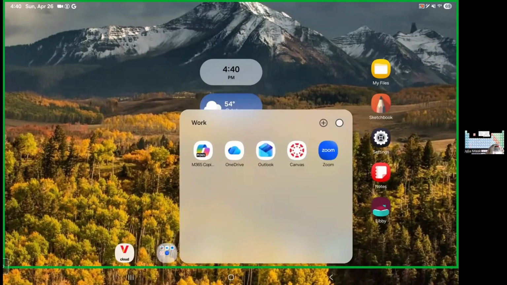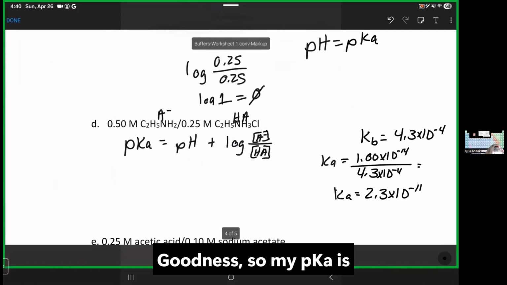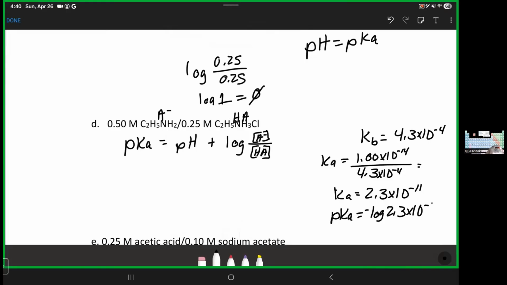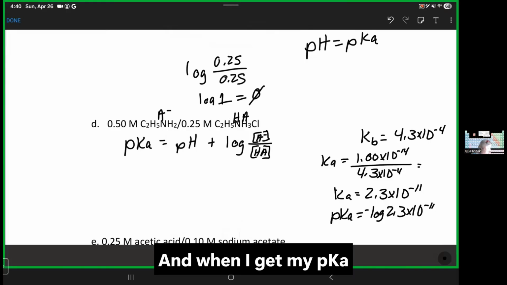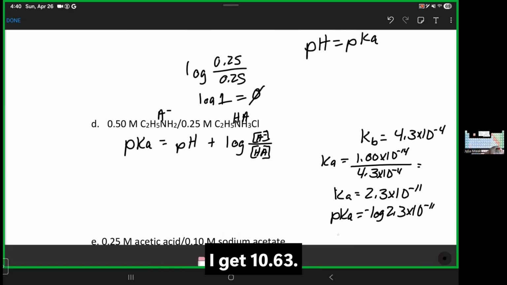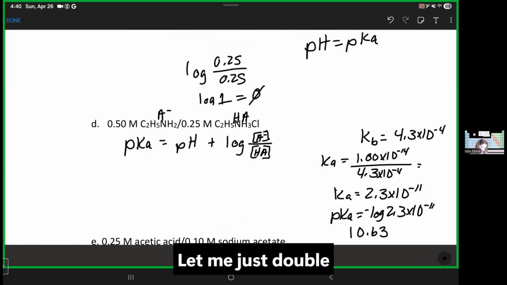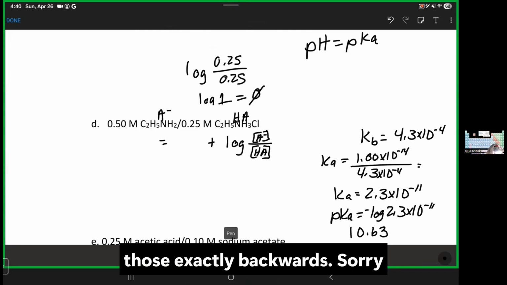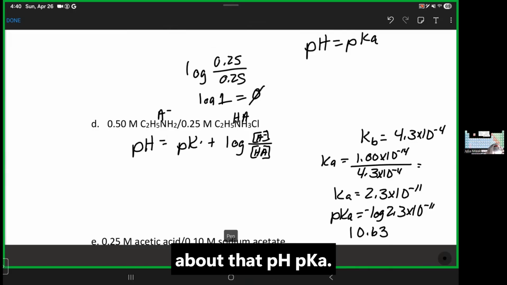So my pKa is the negative log of that. And when I get my pKa, I get 10.63. Let me just double check that. So negative log of 2.3 E negative 11, 10.63. Okay, so my pH, I wrote those exactly backwards. Sorry about that. pH, pKa.